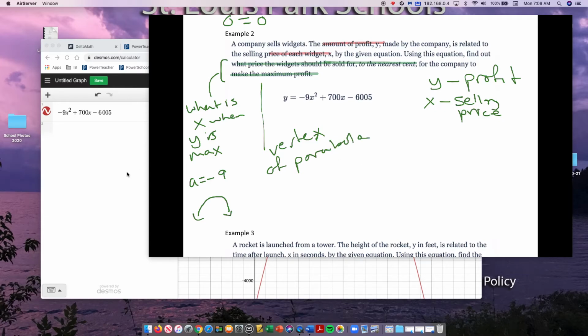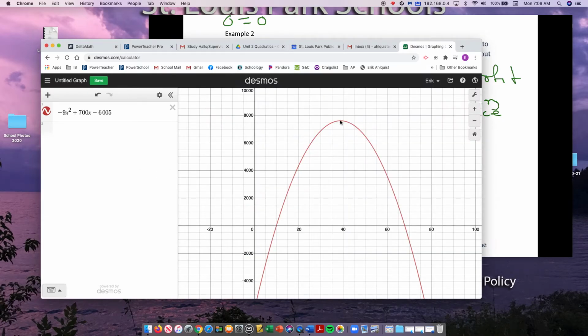So if I go back to Desmos and I click up here, what I get is the vertex. If you click just at the top of this, you'll get other points too. But if you click at the top, you'll get the vertex. I can also click my 2 zeros as well, because those are the 3 most important parts of a parabola.